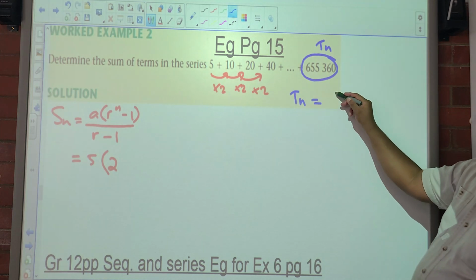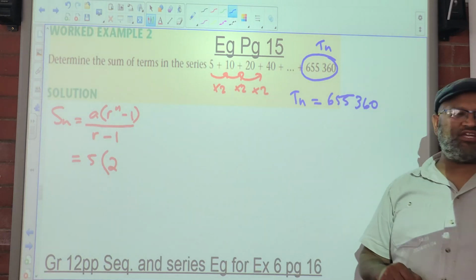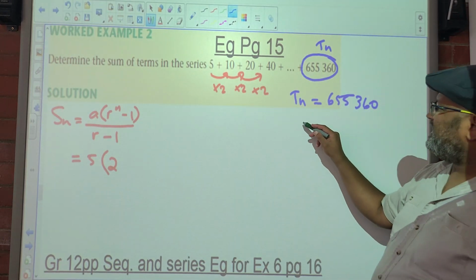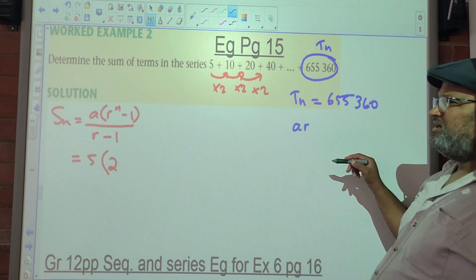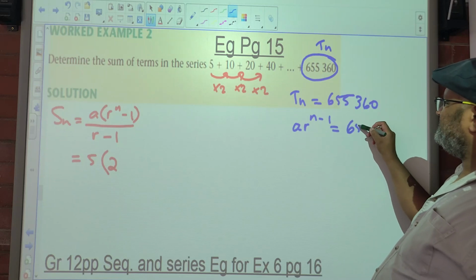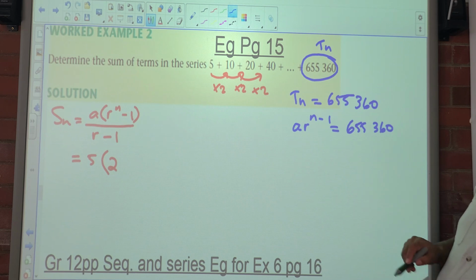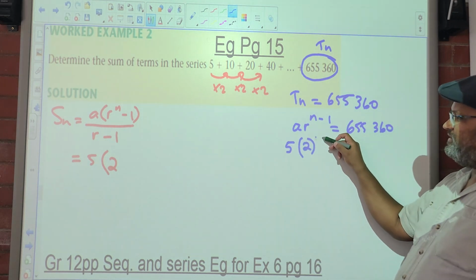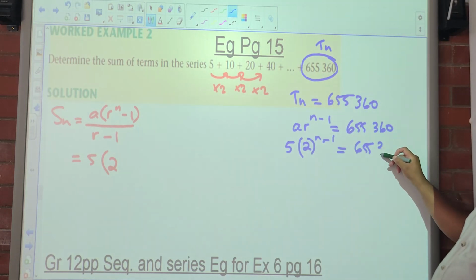So if Tn is equal to 655,360, what is the general term of a geometric progression? AR to the n minus 1. What's my A value? 5. R, 2. So 5 into 2 to the n minus 1 is equal to 655,360.